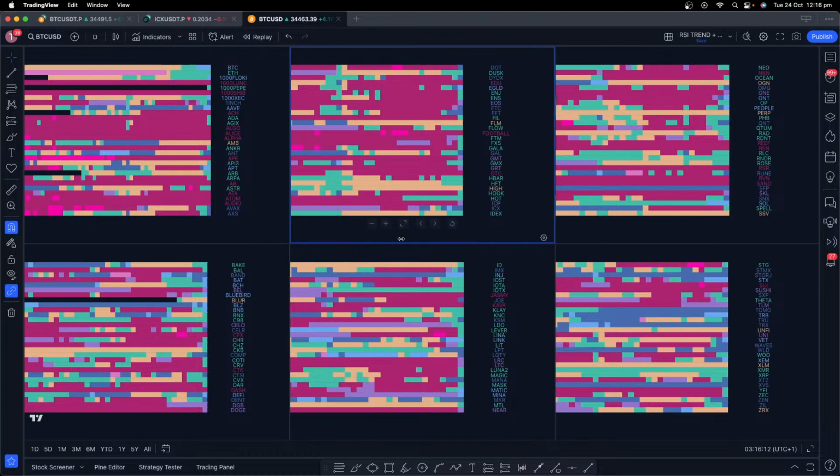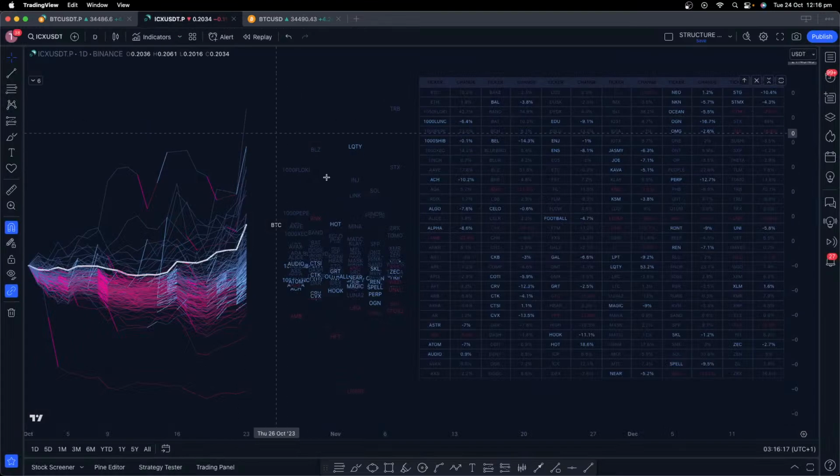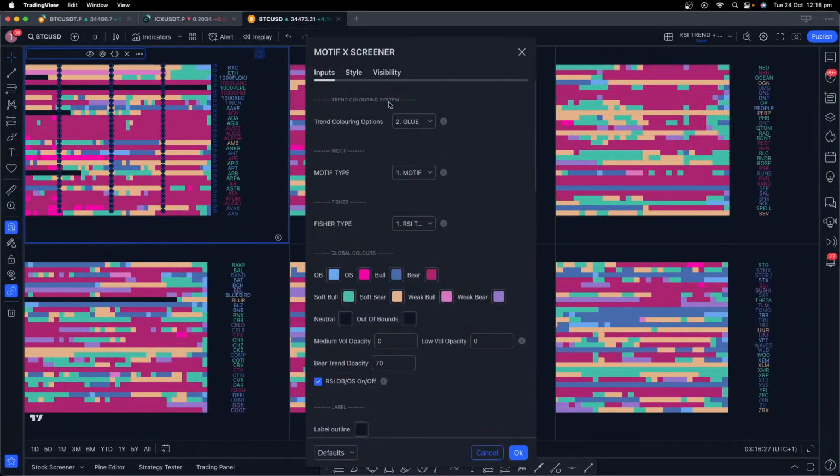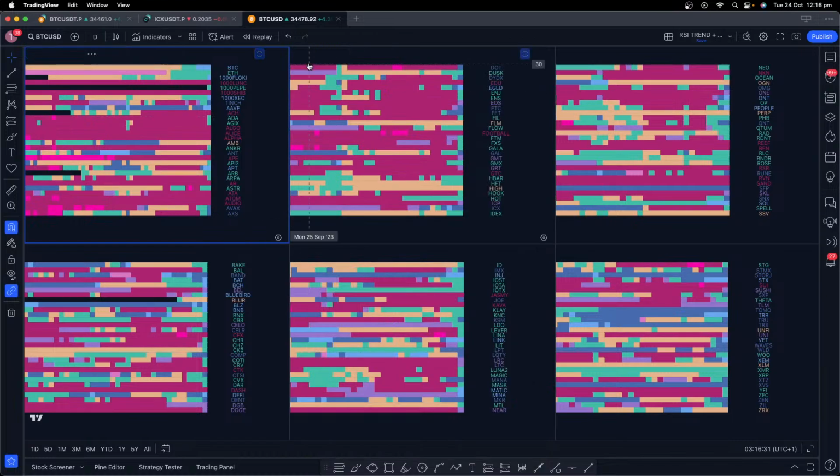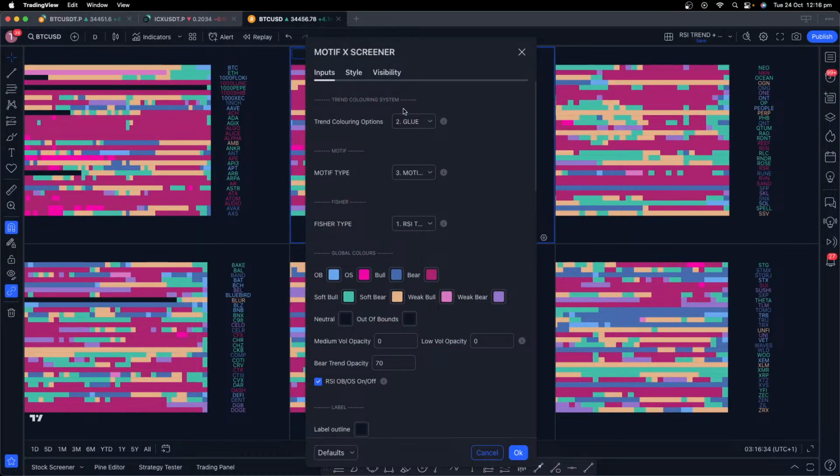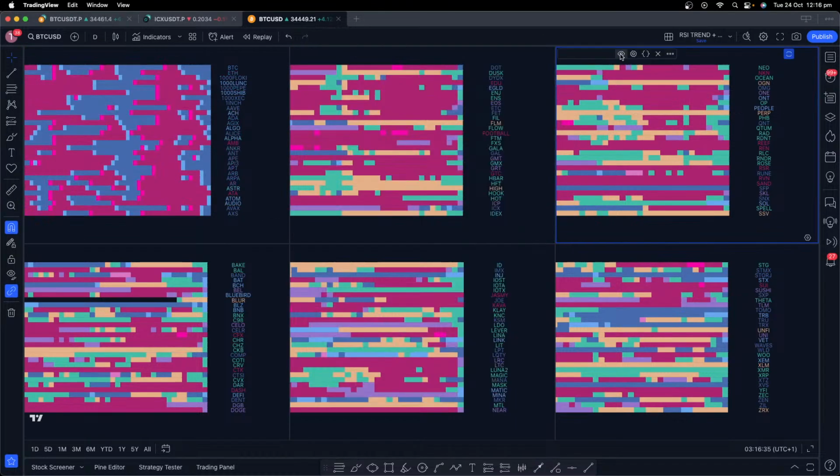So usually I'll scan the market like this and I'll see some strength in various things. This is my structure spaghetti, created this months ago. And basically this one here, if I turn the structure on right here, tell you what, let's turn it on for all the charts very quickly.